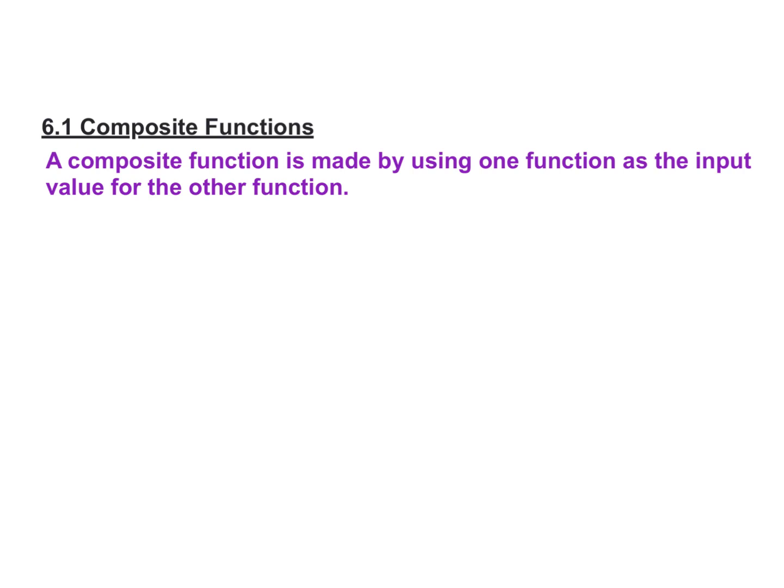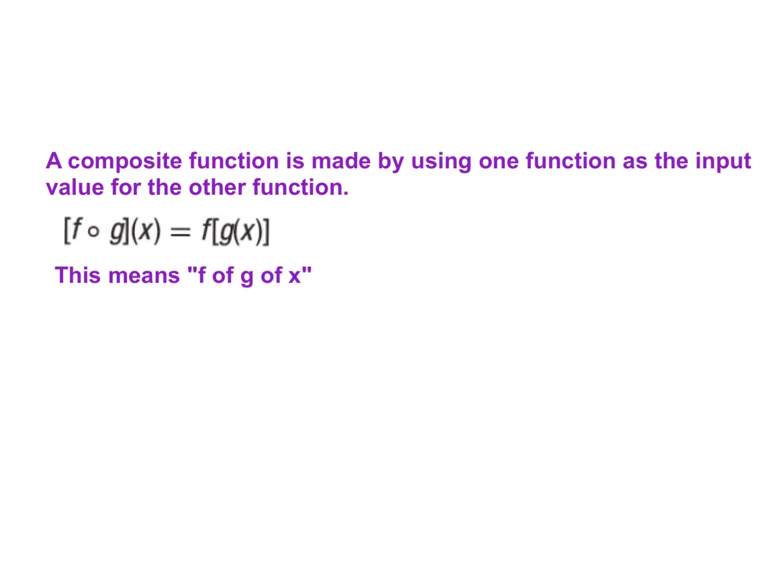Now the notation, here's where it gets tricky. This open circle means f of g of x. This also means f of g of x. Sometimes you'll see it written like this, with just parentheses.